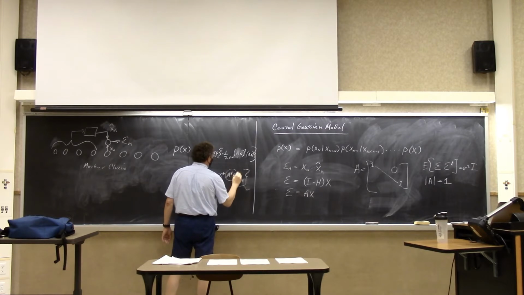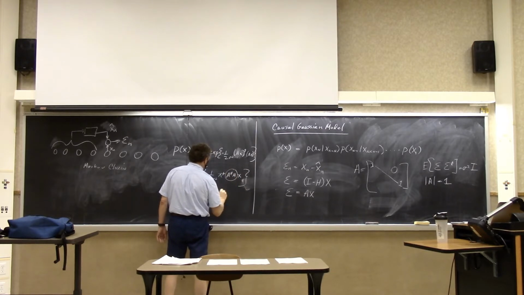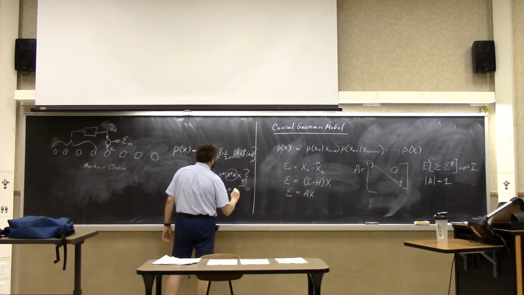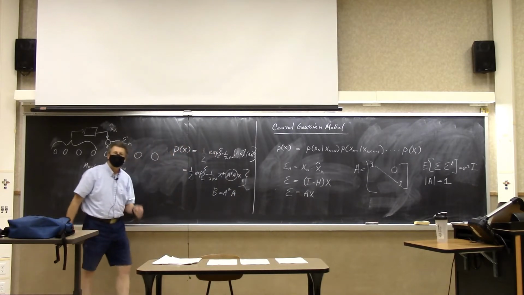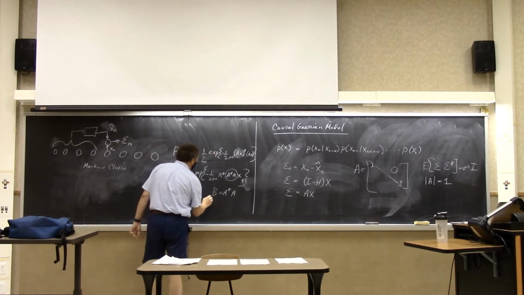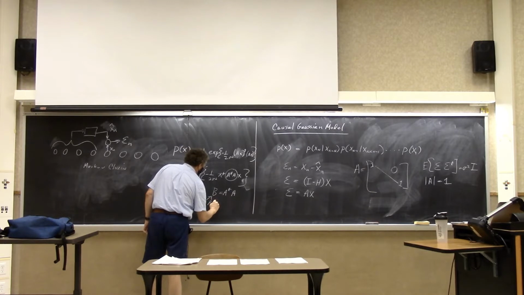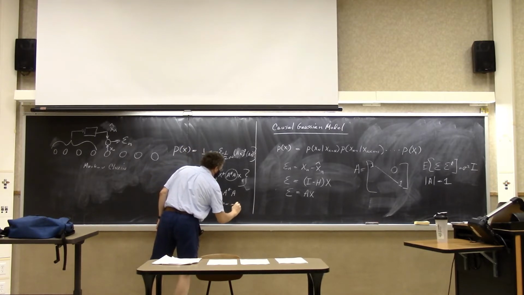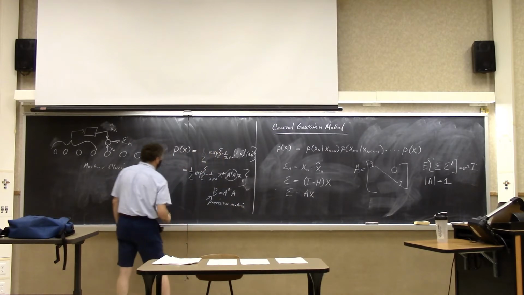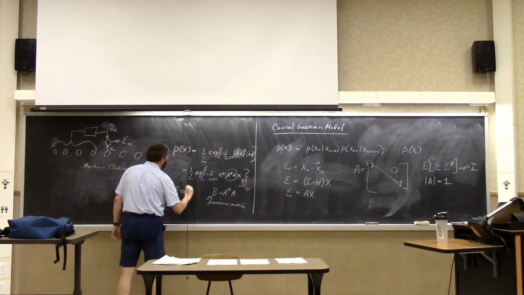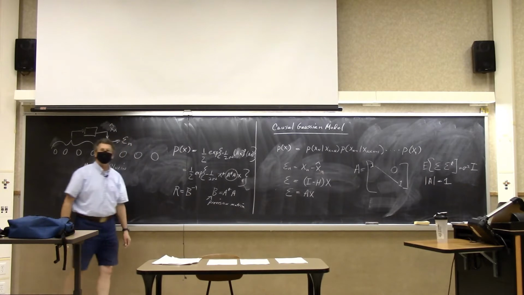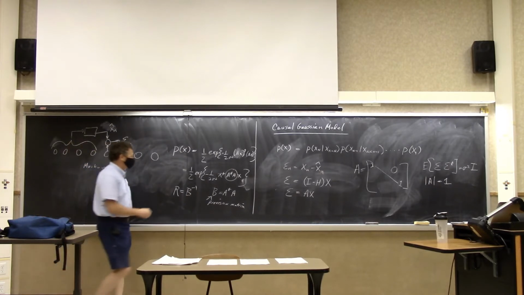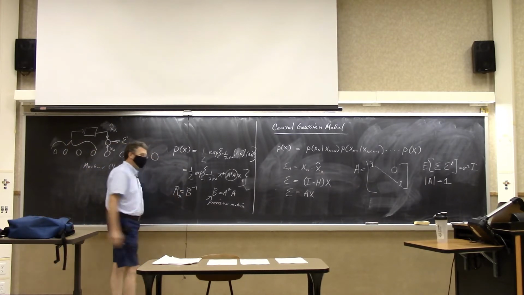So this thing here, B is equal to A transpose A. B is the precision matrix. R is equal to B inverse, which would be the covariance matrix of X. We'll call it Rx.